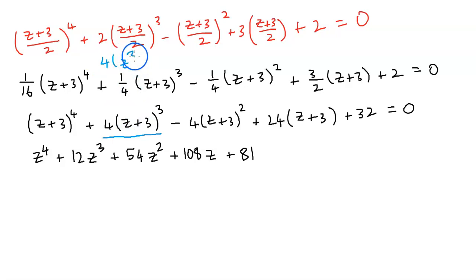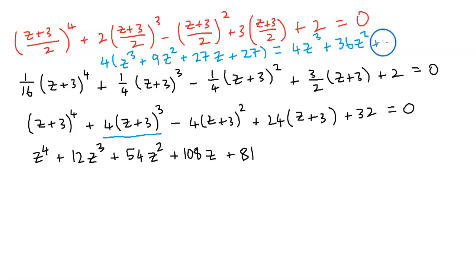So 4 times (z cubed plus 3 times z squared, so 9z squared, plus 3 times 3 squared times z, so that will be 27z, plus 3 cubed, so 27), and then all of them get multiplied by 4, so that will be 4z cubed plus 36z squared, and then 4 times 27 is 108, so plus 108z, and then 4 times 27 is 108, so plus 108.